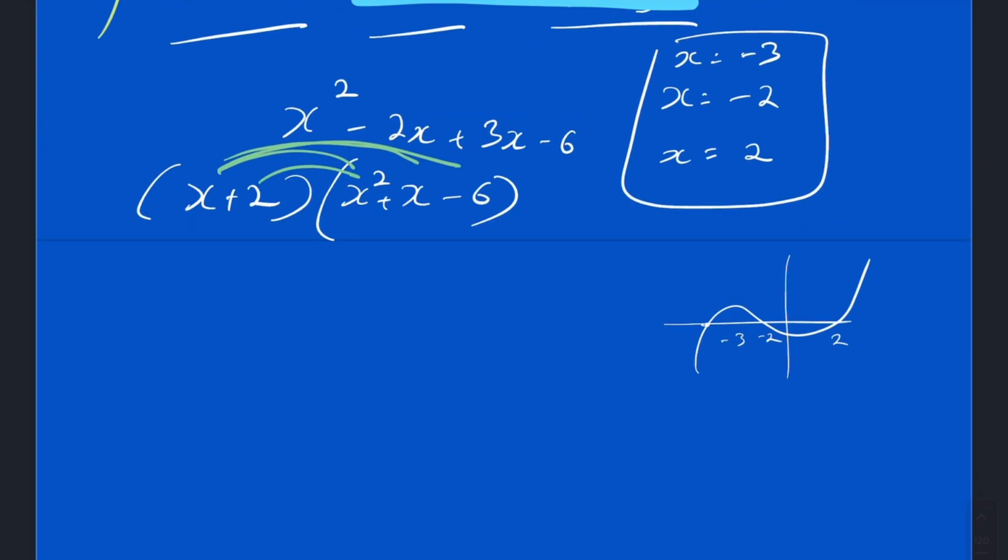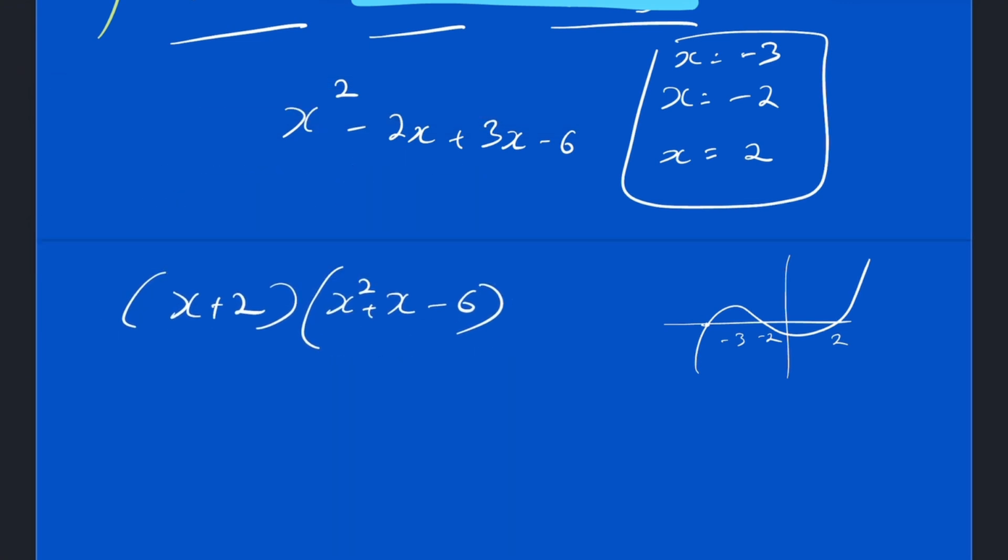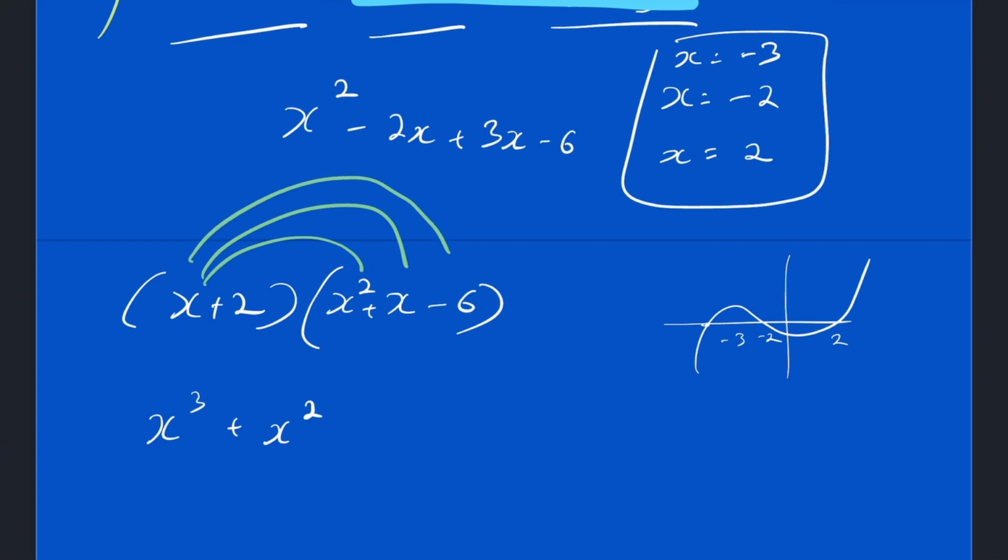So x times x, let me just clear this up a little bit. It's going to give you x times x squared, which is going to be x cubed, x times x, which is going to be x squared, x times minus 6, which is going to be minus 6x there.